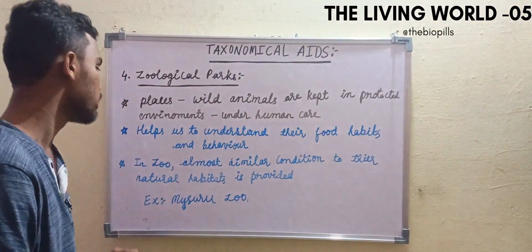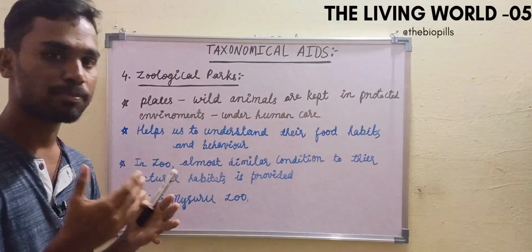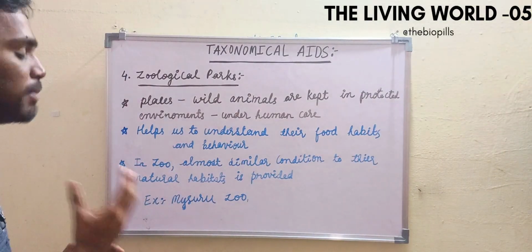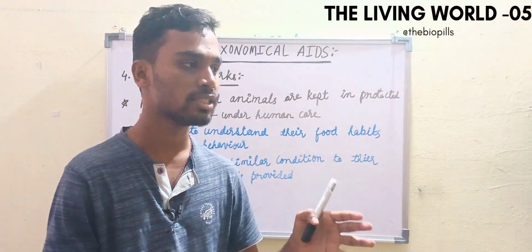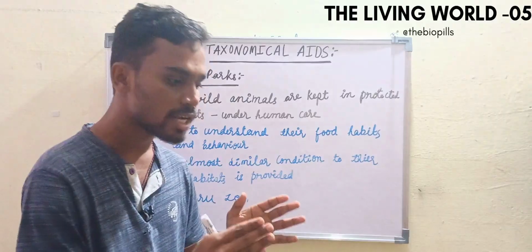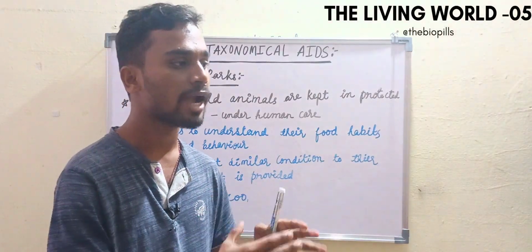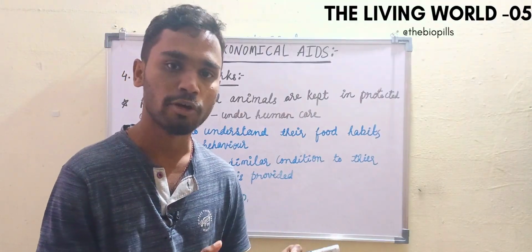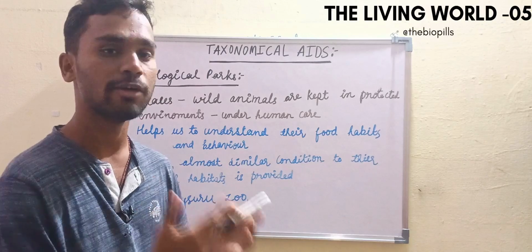Another point is that if a wild animal is present in a zoological park, it helps us to understand its food habits and behavior. With our observation, we can understand what kind of food habits they follow, whether they are herbivorous, omnivorous or carnivorous, and how they behave.